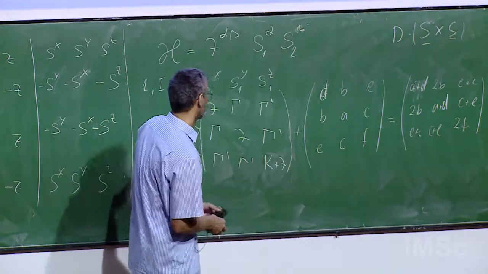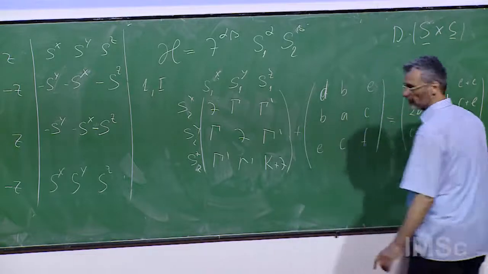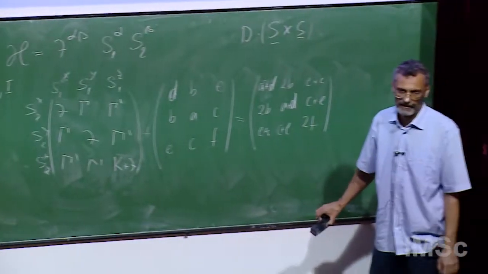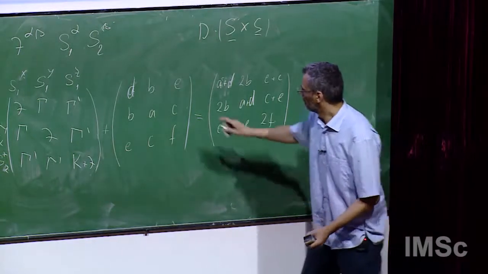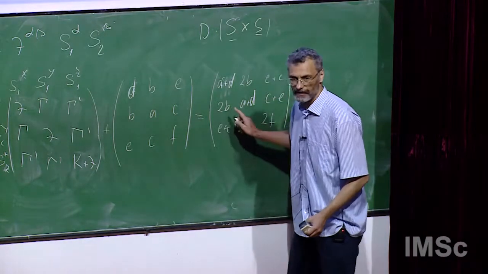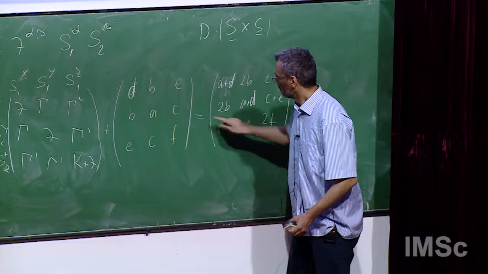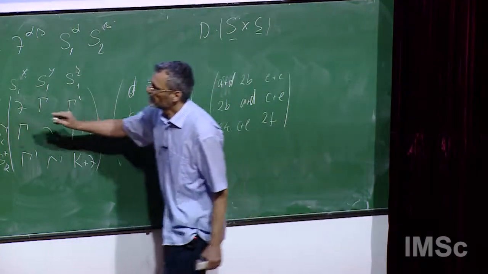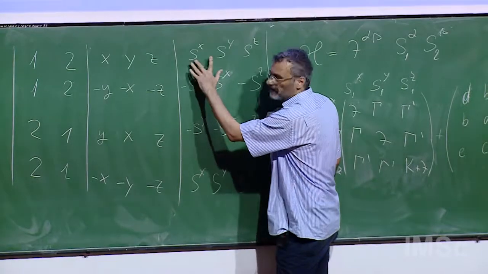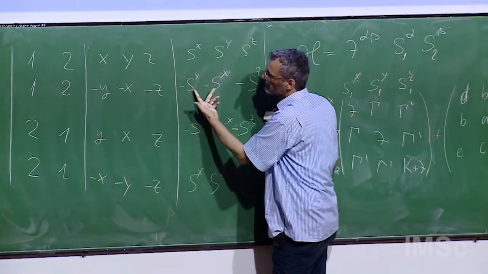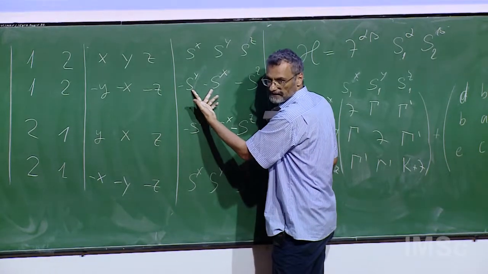Okay? Is this fine? Explain which step? The second matrix? This one? Right. So what I needed to do is that here I had Sx, Sy, and instead of Sx, Sy, it changed to Sy, Sx.